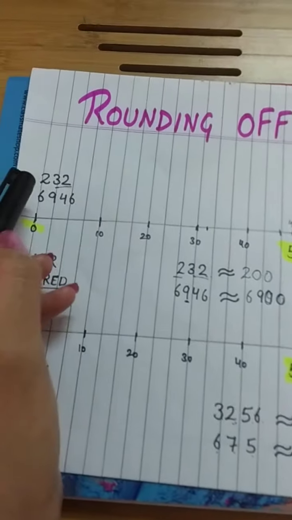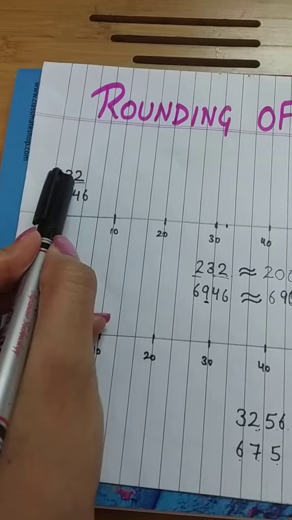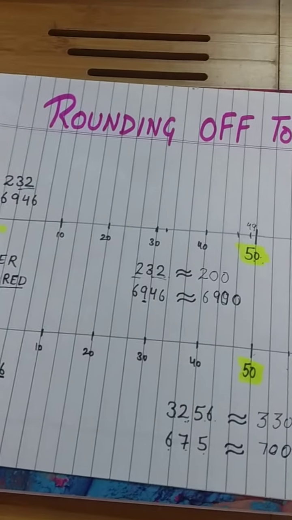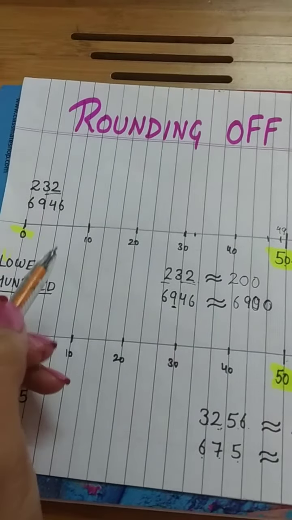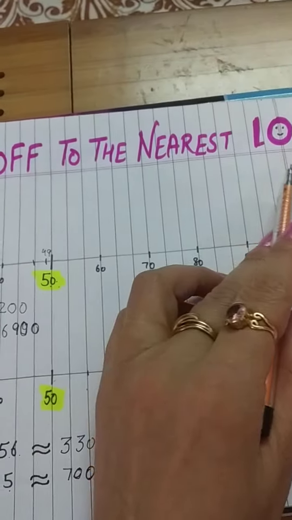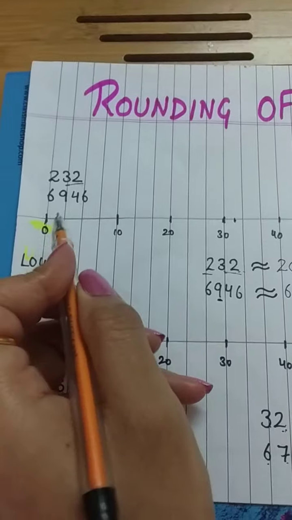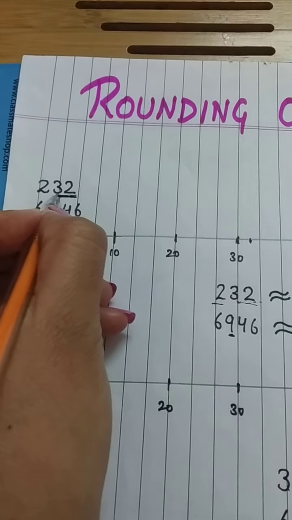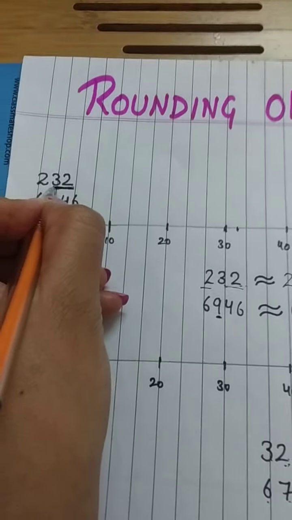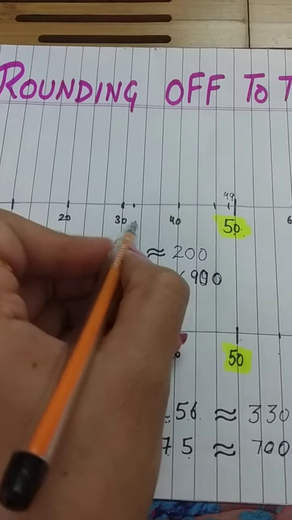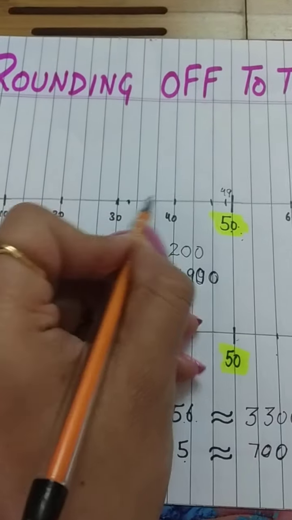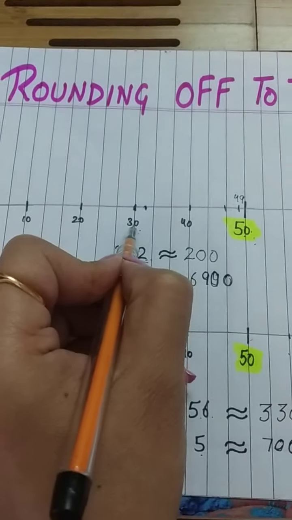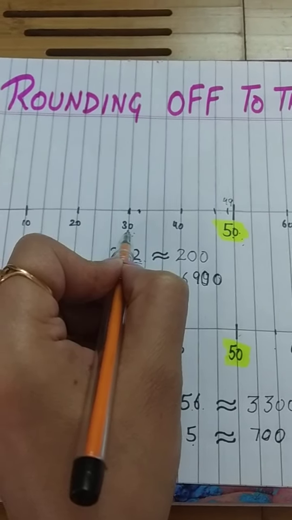First of all, I have an example. For example, I have to round off 232 to the nearest 100. What we can do is observe the tens value, 32. It is smaller than 50, right?